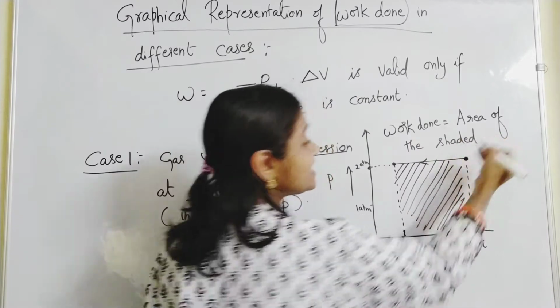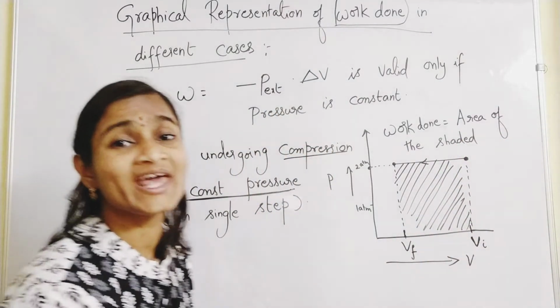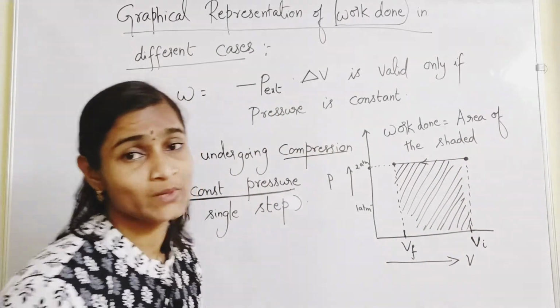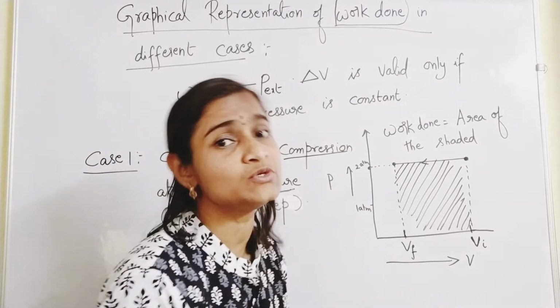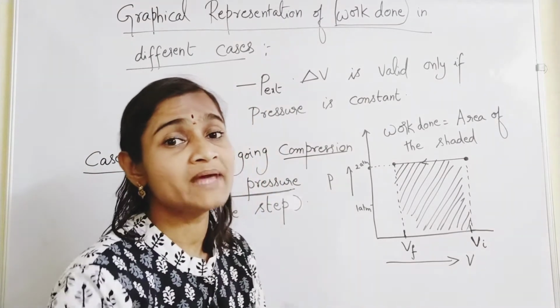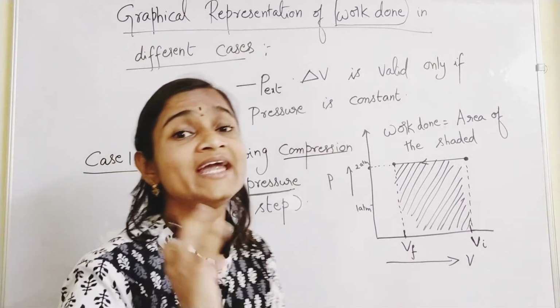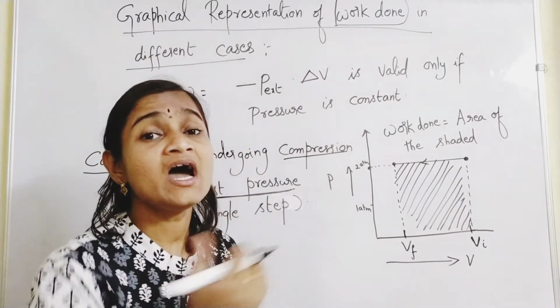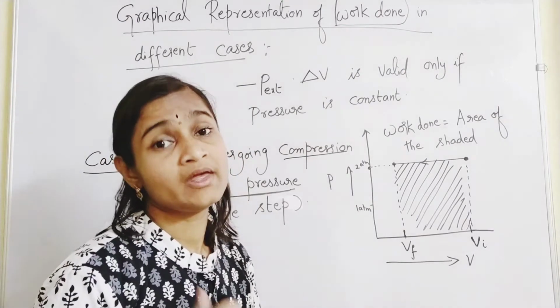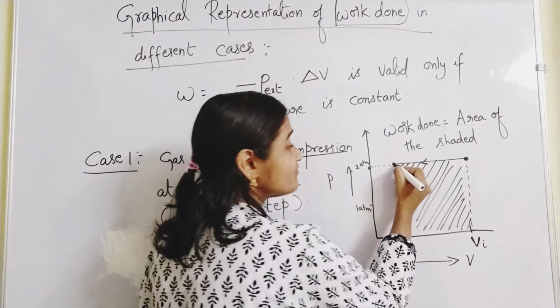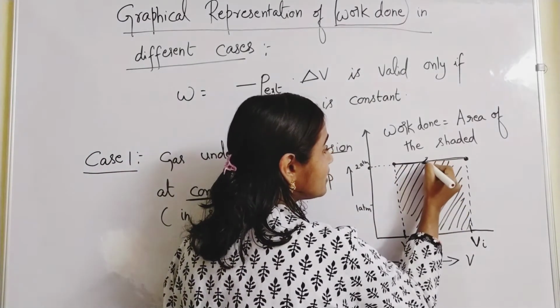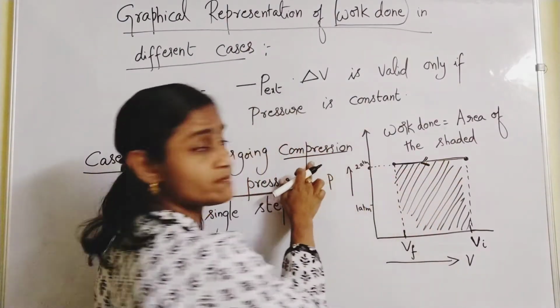Here the shaded region is looking like a square for us. So area of a square, or sometimes you may find a rectangle, or sometimes a triangular shape. Every time to calculate the work done, take the area under the curve or area under the graph. This is your graph, which shows compression.